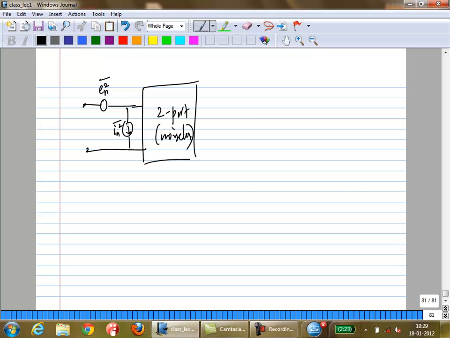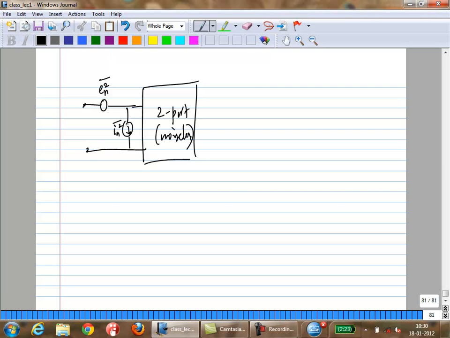Because what you'll find is, in general, you want to represent the noise of the two-port independent of the impedance. If you look at any practical circuit, it probably has a finite input impedance and a finite source impedance, and you want this noise equivalent circuit to be valid for all impedance levels. Simple example: if you just have En, and you have an open circuit at the input or a very large impedance, there is no noise current flowing out, so you won't see any noise at the output, right?